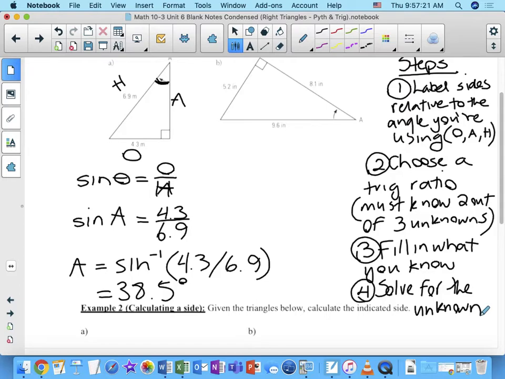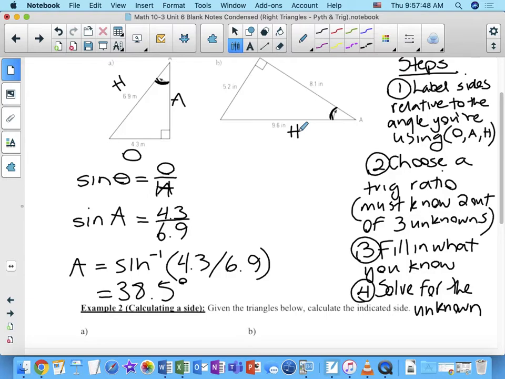Second triangle. We're looking for angle A, so we're going to label our side lengths relative to angle A. Which side is the hypotenuse? Yes. 6 or 5? I can't even read that. 6. The good news is that once we go online, the screen will be very clear because my smartboard is not the best.